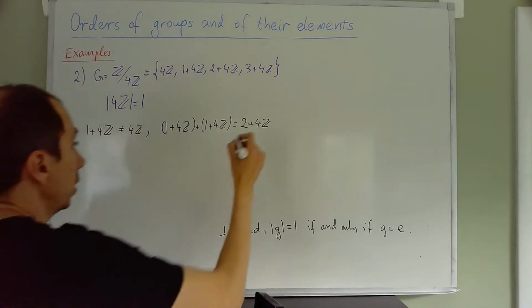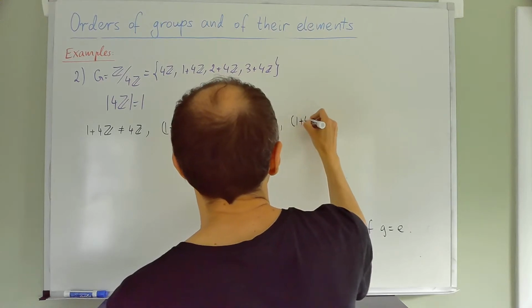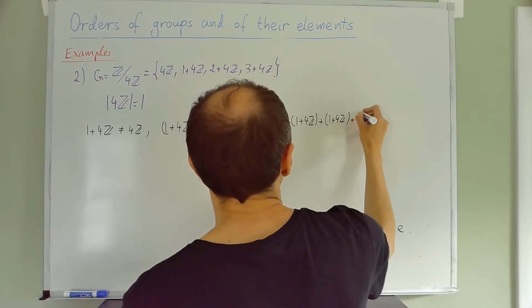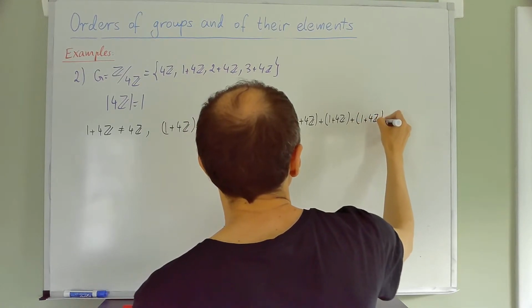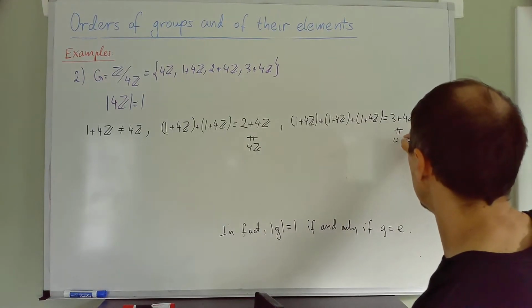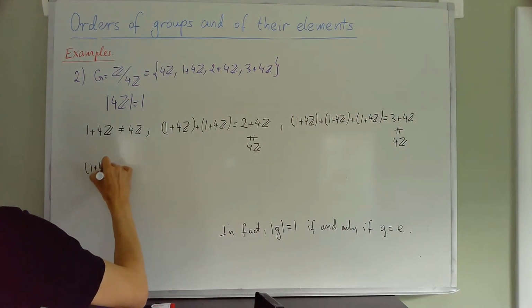That's also not the identity. 3 times. That is also not the identity. 4 times.